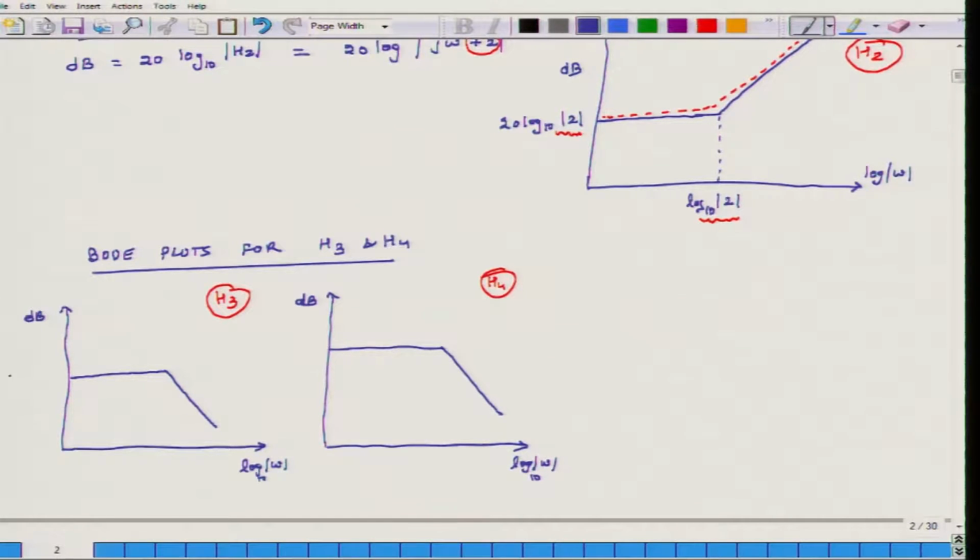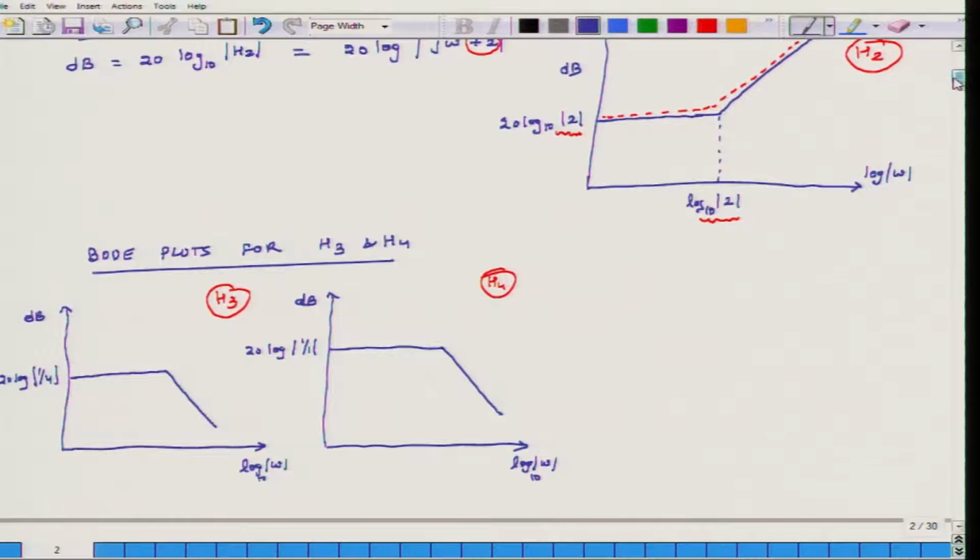Okay. And the value here is going to be 20 log 1 by 4 for H3, and in this case it is going to be... oh, I am sorry, this is going to be 1 over 1.